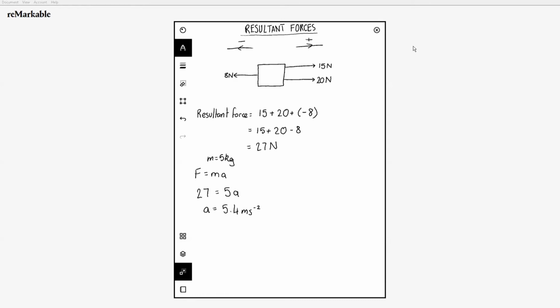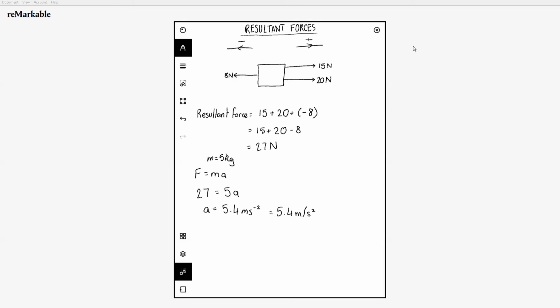Or you might see that written at GCSE level as meters per second squared. It means the same thing. So yes, we have to take into account the resultant force, not just the force. People tend to take the force acting forward and think that's it.